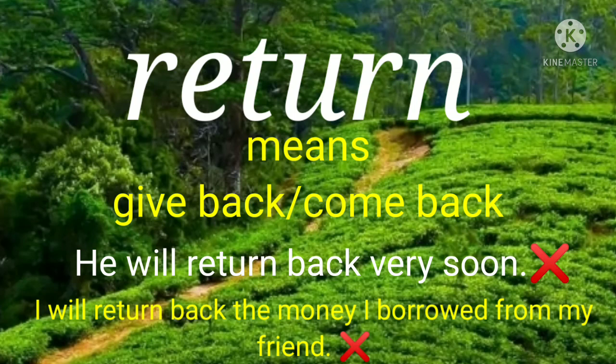Why? Because we cannot say return back. The word return here means give back. So you can say, I will return the money that I have borrowed from my friend, not return back. I think it is clear.